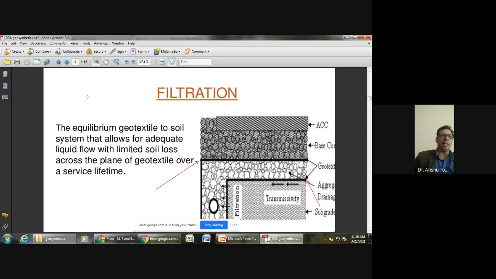So now you can see you are allowing something to pass through it, and you have provided a drainage hole also. So this is a separation type of channel in between. So it is acting as a filtration membrane.